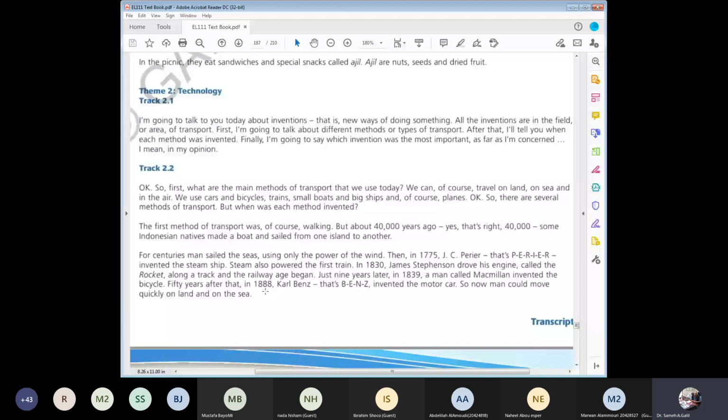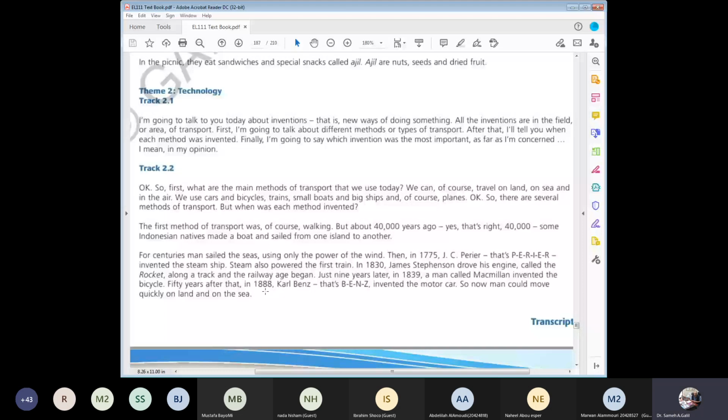So every time you see "that is" from now on, you will know what comes after it. You will know that new ways of doing something is the definition for inventions, right?